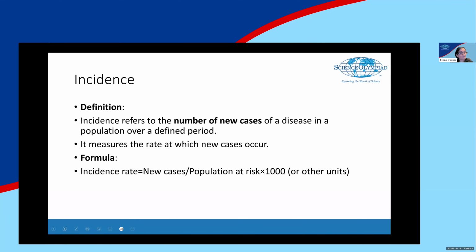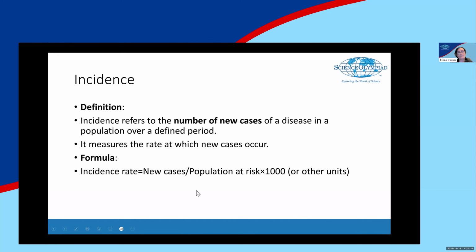Now I want to take a few minutes to describe some of the definitions, like what is incidence of a disease? It is the number of new cases of disease in a population over a defined period of time. So it is a rate at which new cases occur. And there is a formula for it.